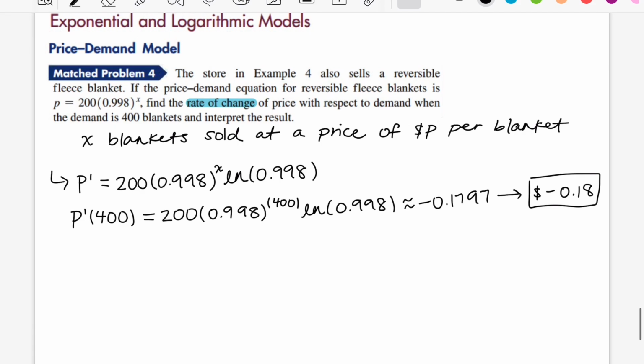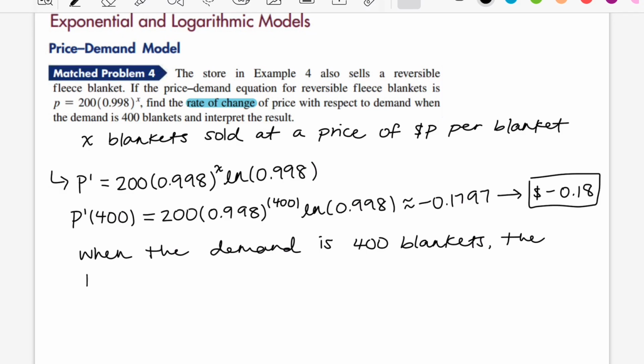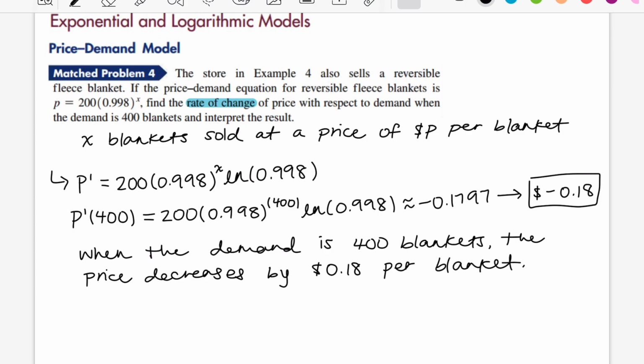So what this means is when the demand is 400 blankets, the price is going to decrease by 18 cents per blanket. All right.